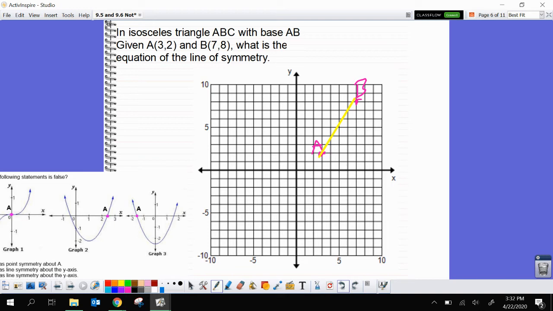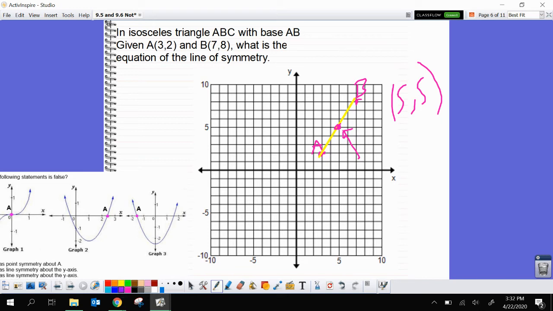If I were to do that, this goes up 6 and over 4. And so half of that would be up 3 and over 2. And so that point right there would be at, let's see, 1, 2, 3, 4, 5, 1, 2, 3, 4, 5. So that would be at (5, 5). And then at that point, if this is an isosceles triangle, those two lines would be perpendicular.